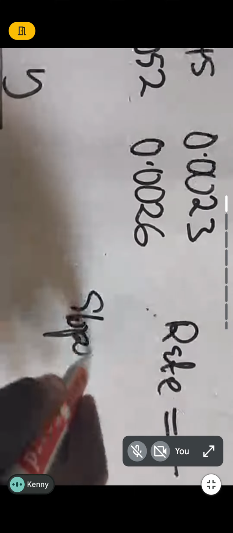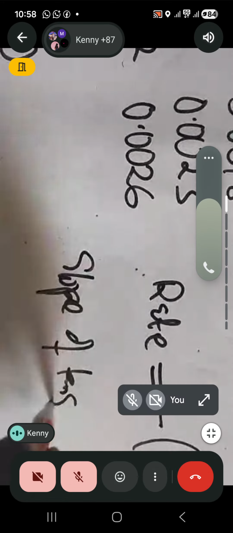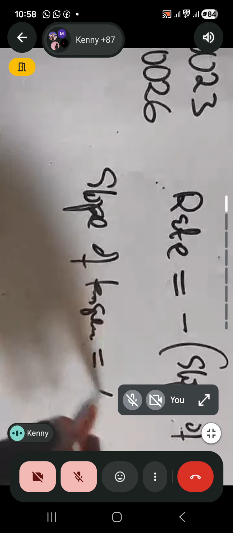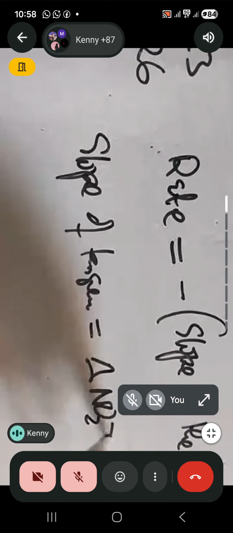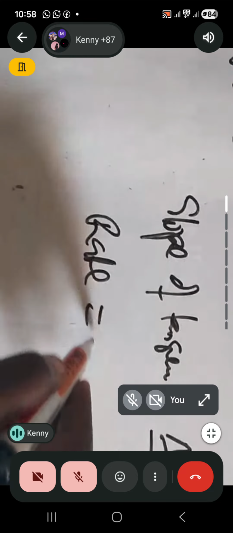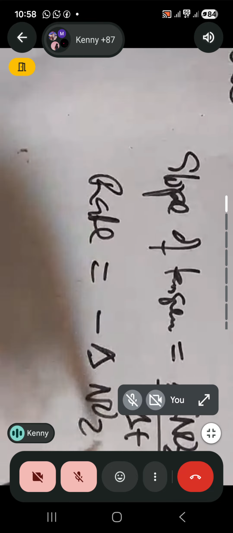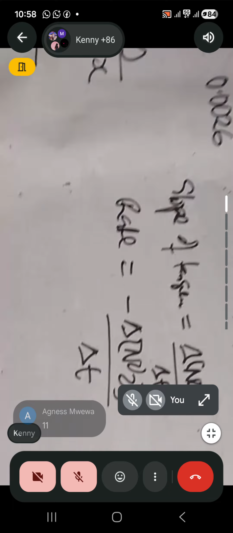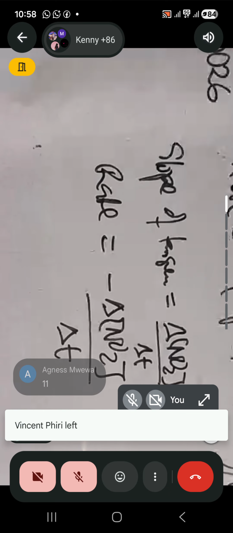So you can see clearly here that slope of the tangent is equal to delta NO2 over T. Okay, then rate is equal to negative delta NO2 over delta T. So you can see the relationship that is there.